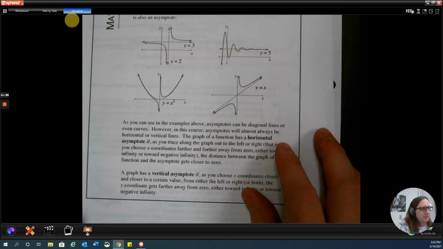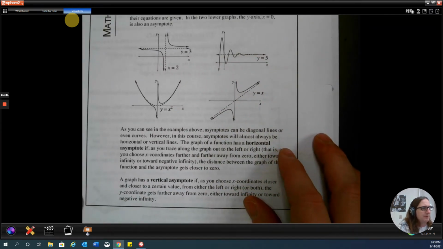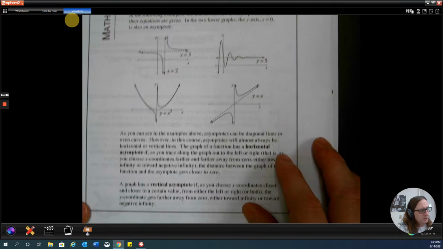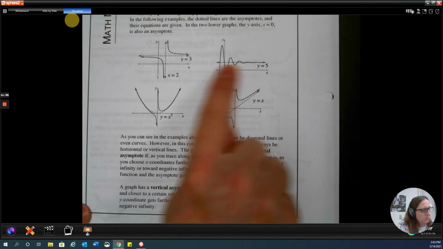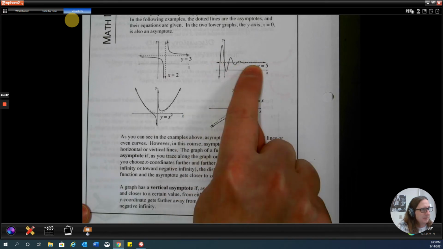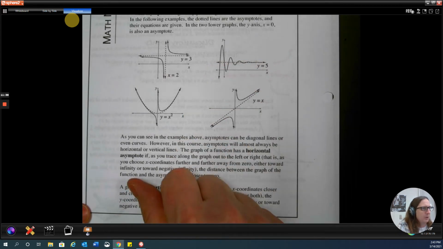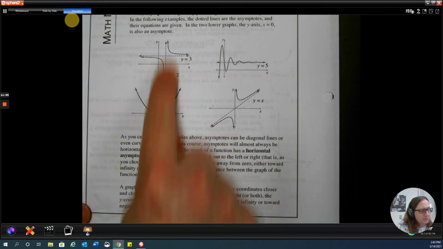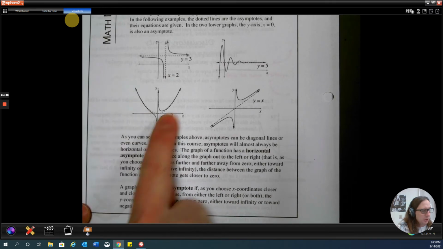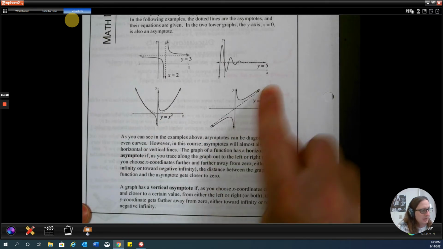So the asymptotes that we're going to be looking for are the horizontal asymptotes and vertical asymptotes. A horizontal asymptote would be one that's flat like this, side to side. That previous problem we just had a horizontal asymptote. But asymptotes can also be vertical. We can even have asymptotes that are curves or diagonal lines.